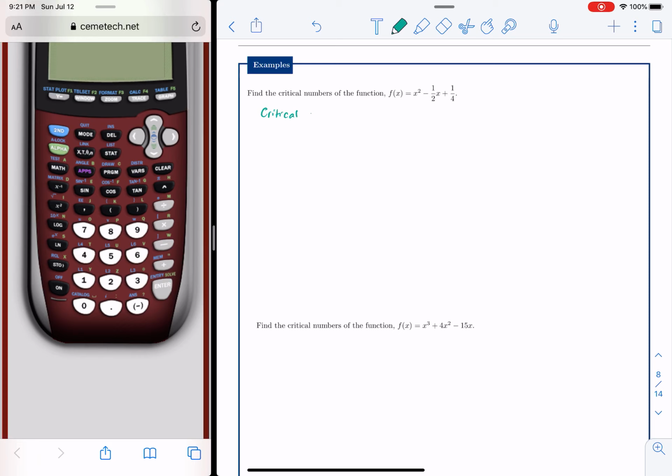So we have a set of examples where we are trying to find the critical numbers of a function.